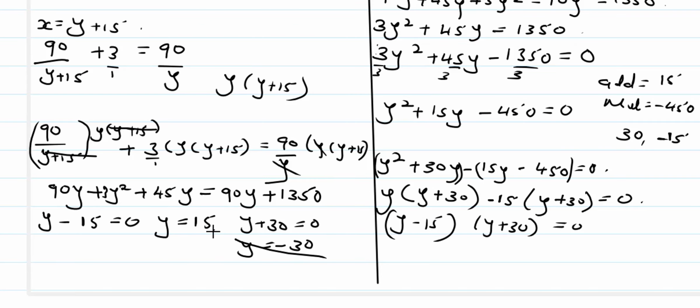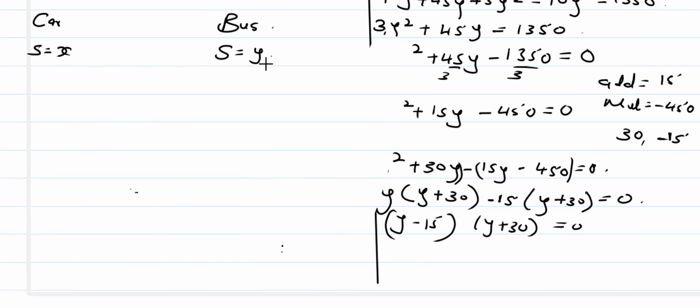But you see, y was the speed of the bus. Let me show you. So if the speed of the bus was y, and we have already got y is 15, then that means the speed of the bus is 15 kilometers per hour. But then the question, I already know the speed of the bus was 15 kilometers per hour.